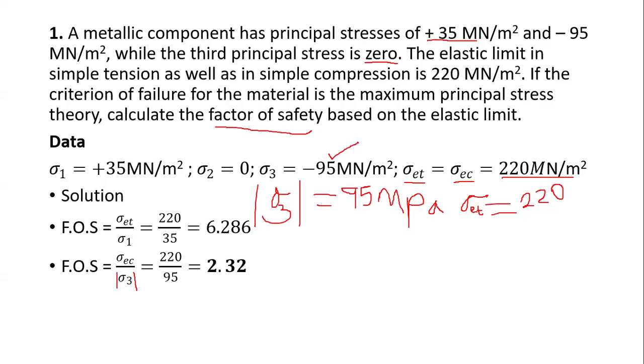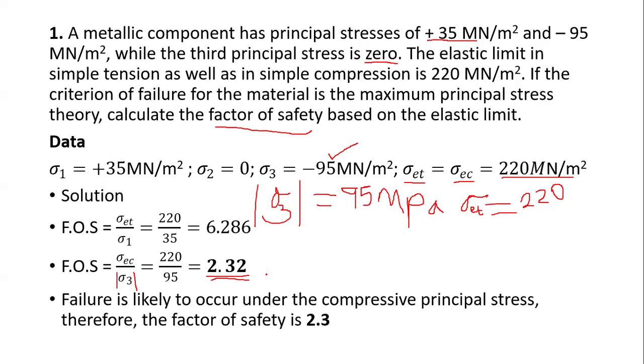As a result, the factor of safety that we have at the moment is this one. Not this. This may mislead us. Failure is likely to occur because of this. Hence, our factor of safety that we're picking is this one for our investigation. And that is the conclusion we're making there, that actually the failure is likely to occur under the compressive principal stress.